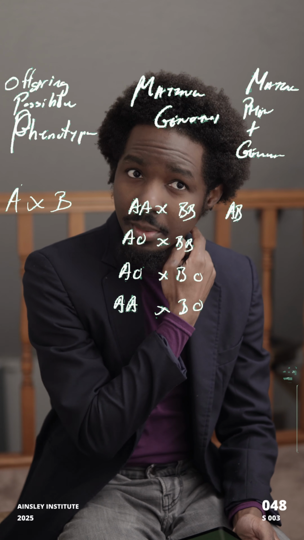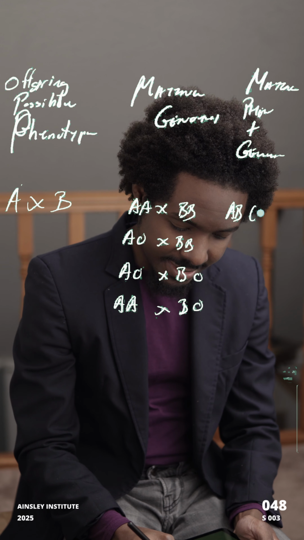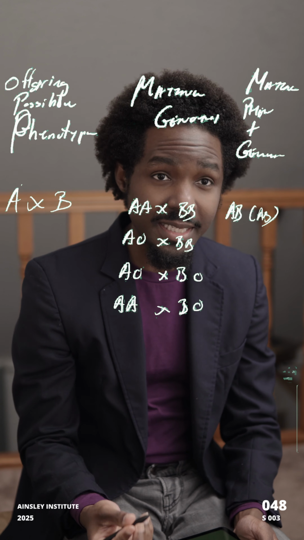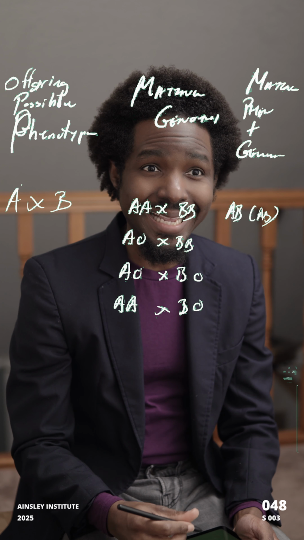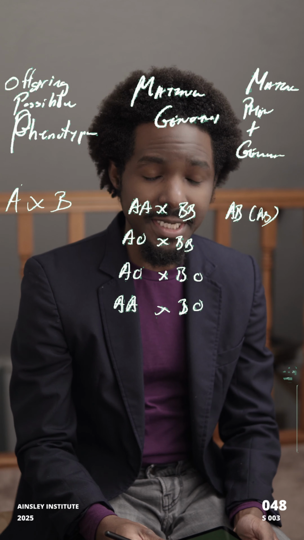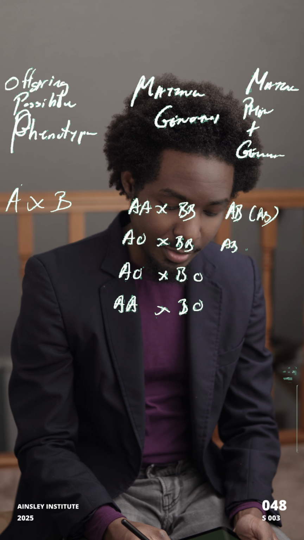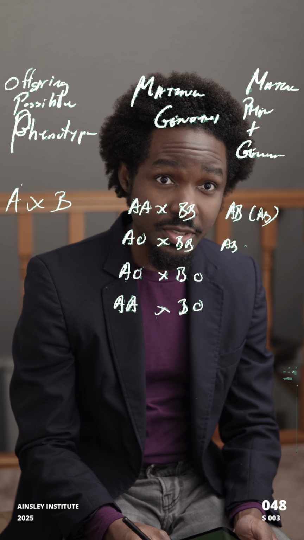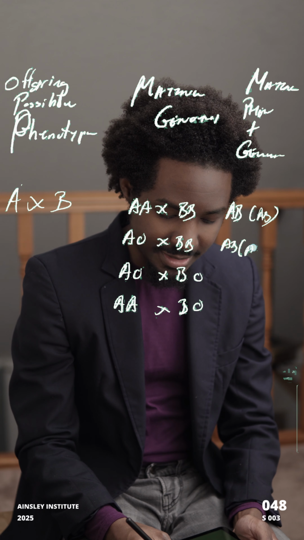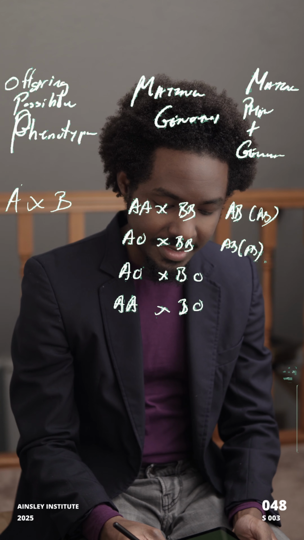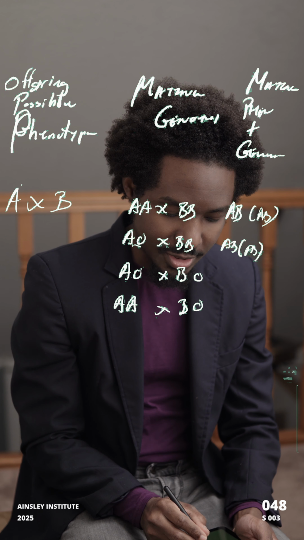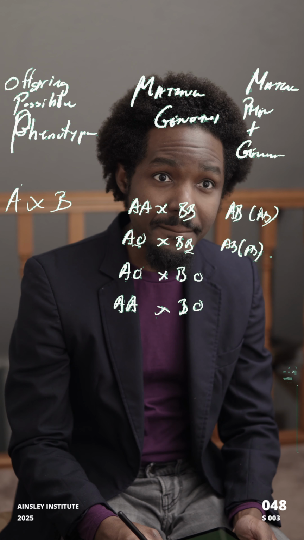When an A person and a B person come together, the child has a potential to be an AB individual, but there is also the possibility that this child can be, based on BO, a B person.